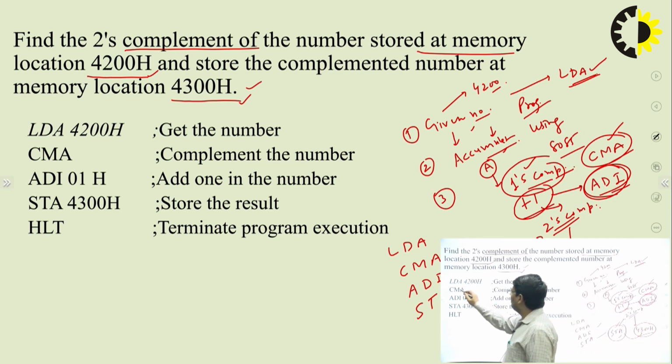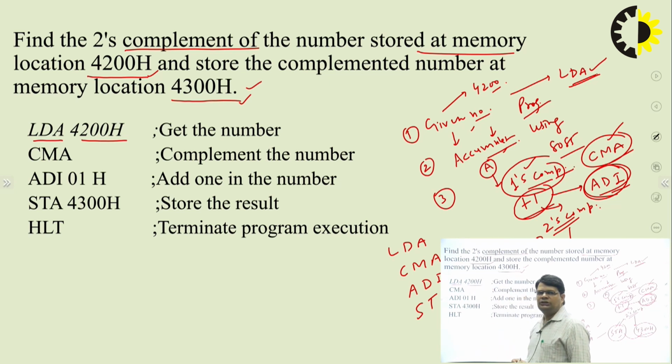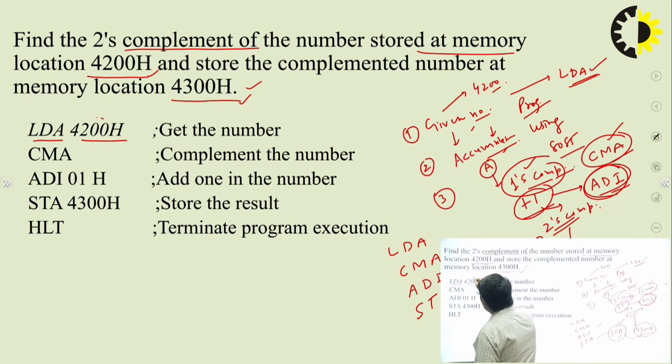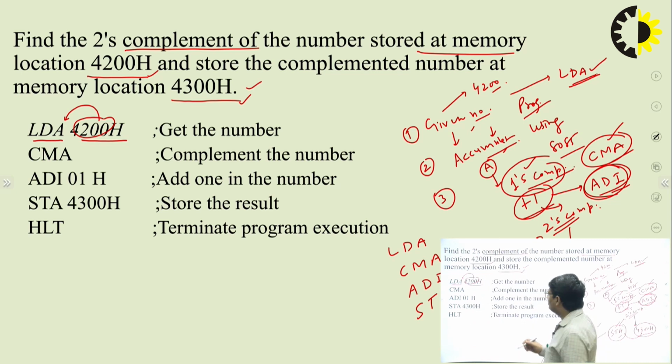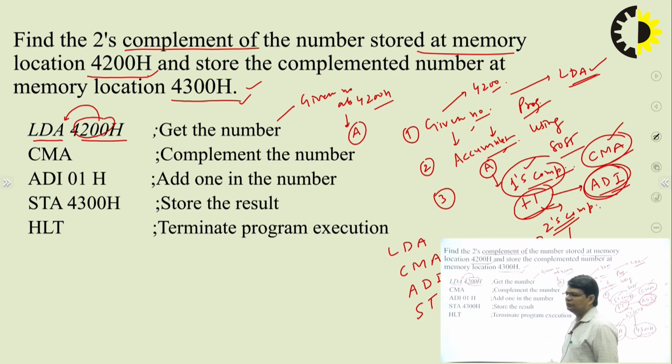So first of all, LDA 4200H, which is simply load accumulator. The data available at this location is loaded into the accumulator. In this case the given number at 4200H will be loaded into the accumulator.